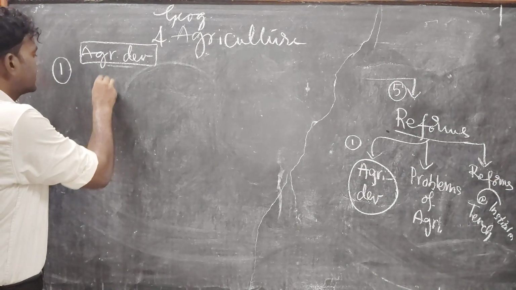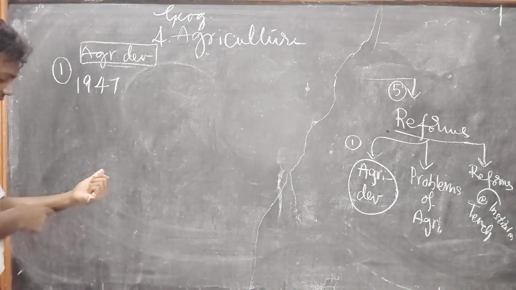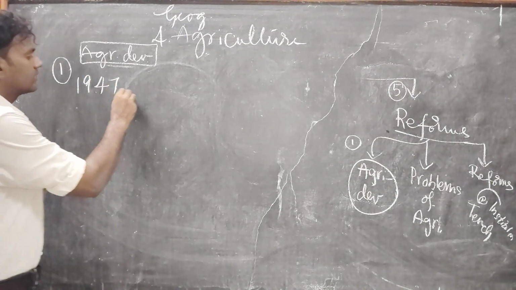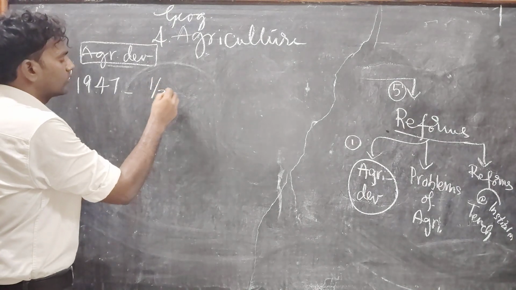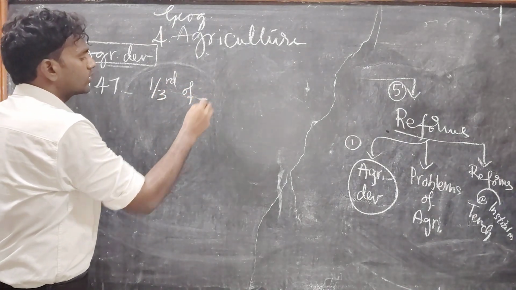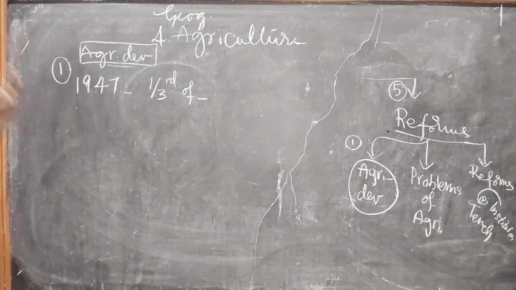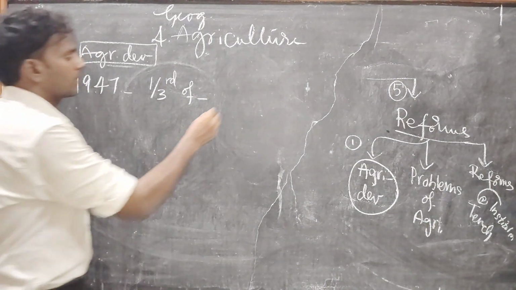So, after the bifurcation of India and Pakistan in 1947, what happened? Nearly 1/3 of the total agricultural land went to Pakistan.